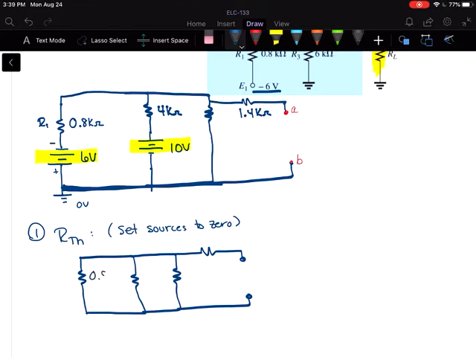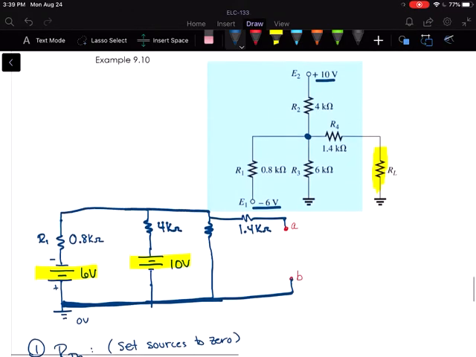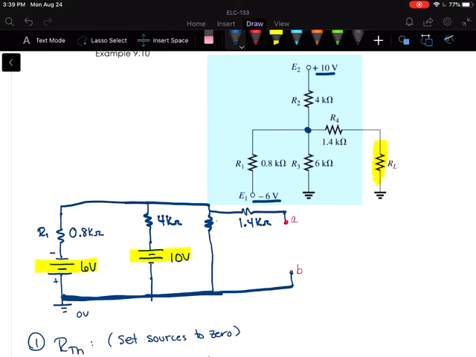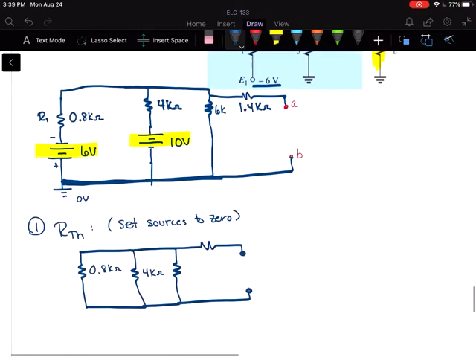So we've got 0.8K, 4K, and my 6K right here, and 1.4K. Basically we're putting our ohm meter here, measuring at the terminals A to B.